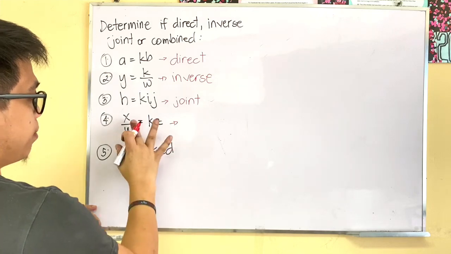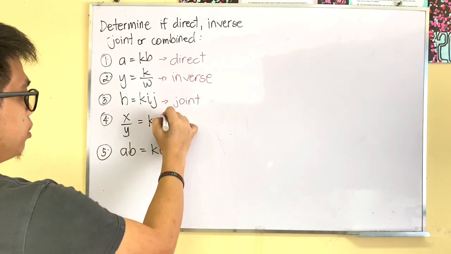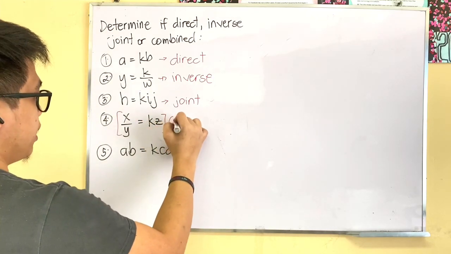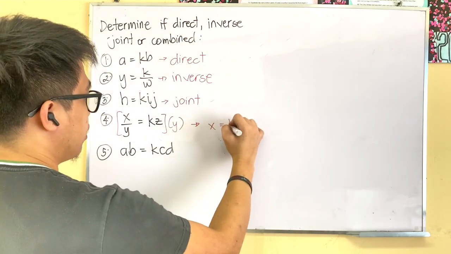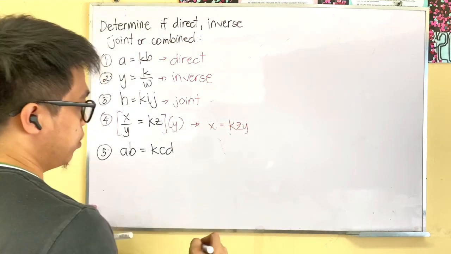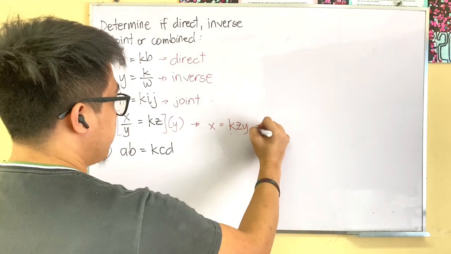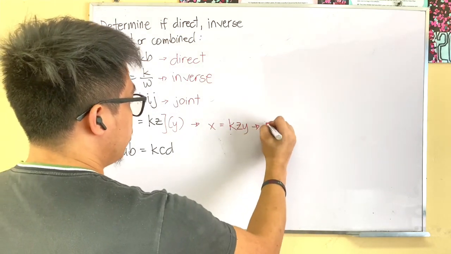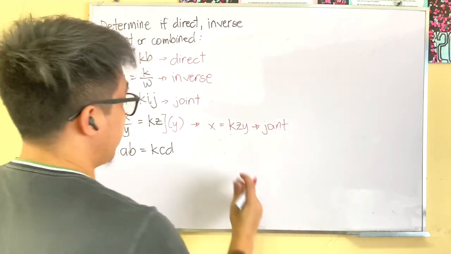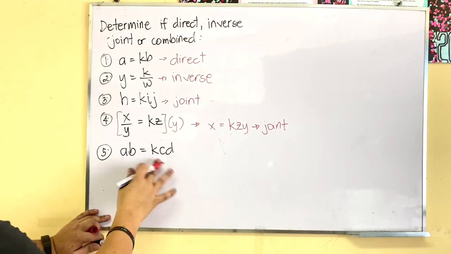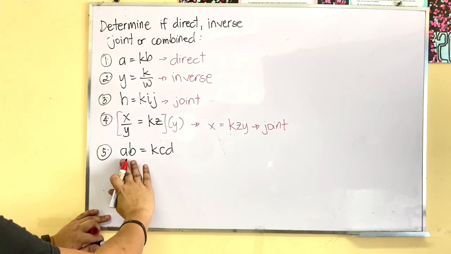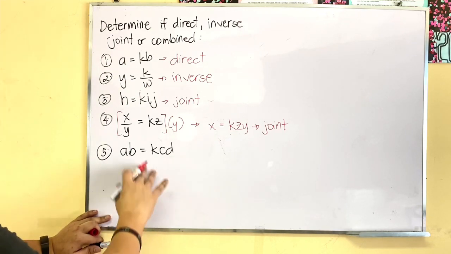What will we do para matanggal yung fraction natin? So, multiply both sides by Y. Ang mangyayari, X is equal to KZY. Or, masasabi natin siya na isang joint variation. Wala rin naman tayong denominator. Next, AB is equal to KCD. So, dalawa yung variable dito sa kaliwang side. Kailangan isa lang.